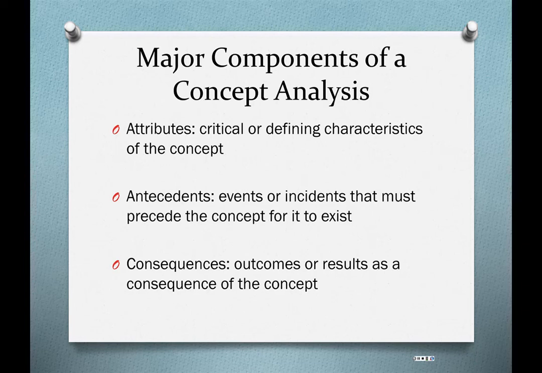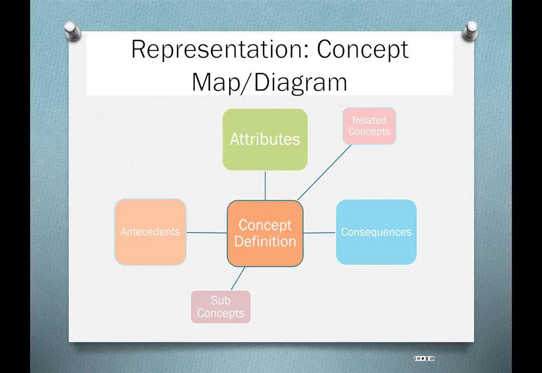Similarly, those events or incidences that cause the concept, or that are necessary for the concept to exist, or that precede the concept, need to be identified, and then the results or the outcomes that flow from the concept need to also be identified.